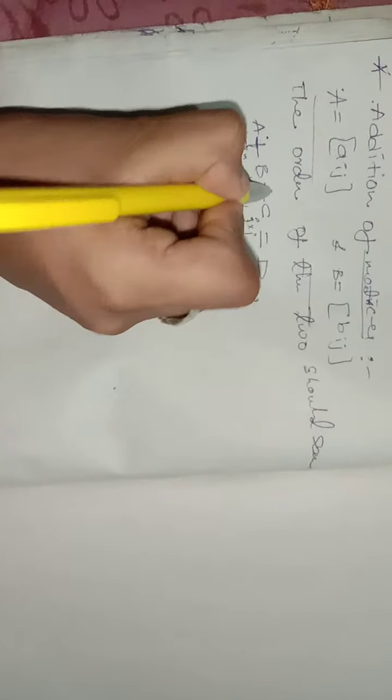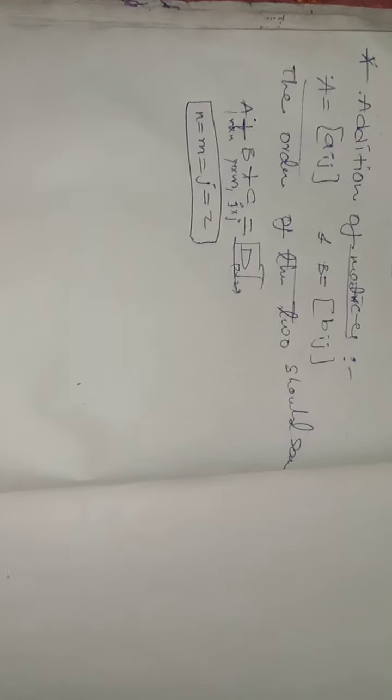If you add these matrices, then the resultant is matrix D, and then n equals m equals j equals z. Can you understand what it means? The addition of matrices of the same order results in a matrix of the same order only.